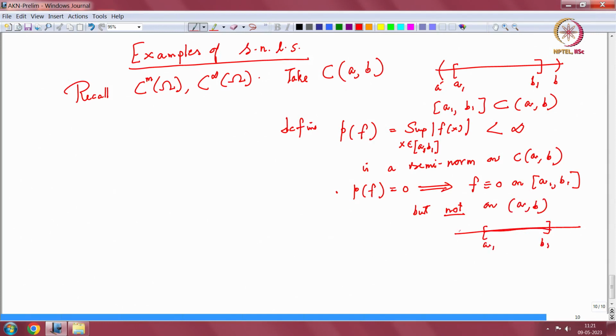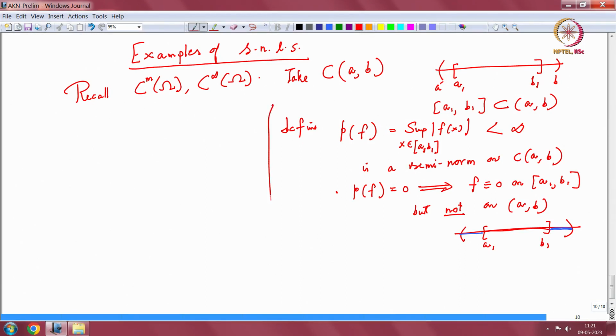This will be 0 here, but you may not know what happens there, because that does not have that information. So, as [a1, b1] grows, you get more and more closer to it. So, it is a semi-norm.